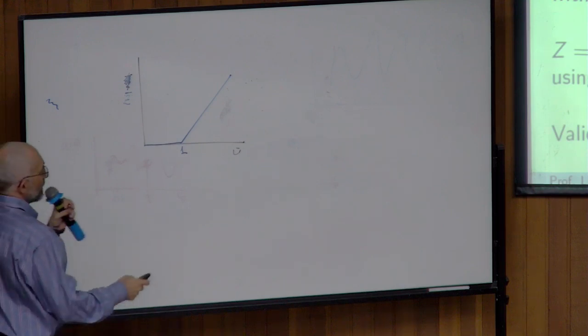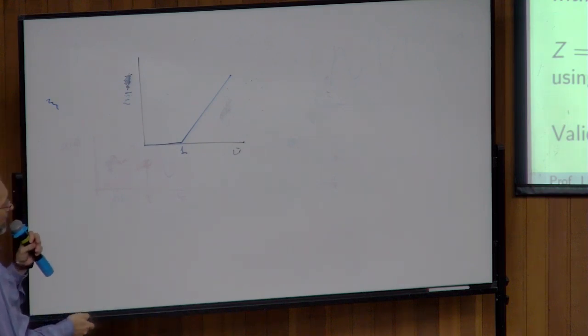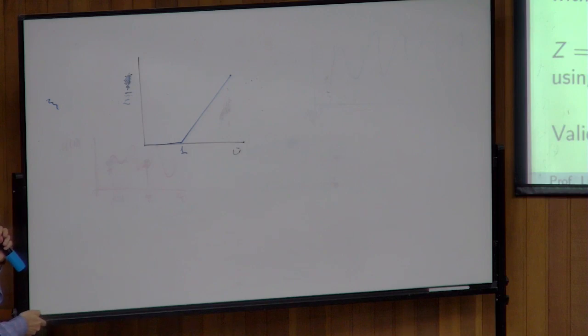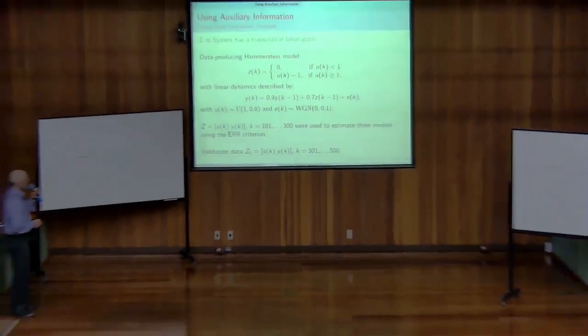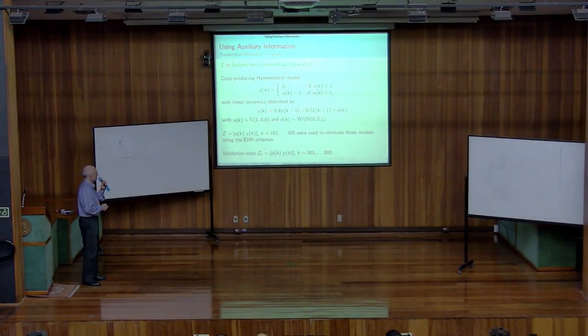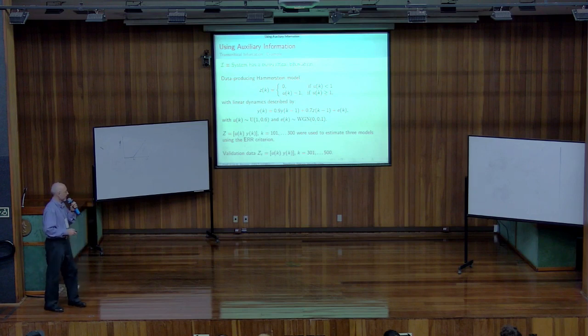And then after this static block, I have a dynamical linear model, which is here, very simple. I use random sequences for the input and for the noise. Here is uniformly distributed. Here is Gaussian distributed. And, well, this is just a typical identification experiment.